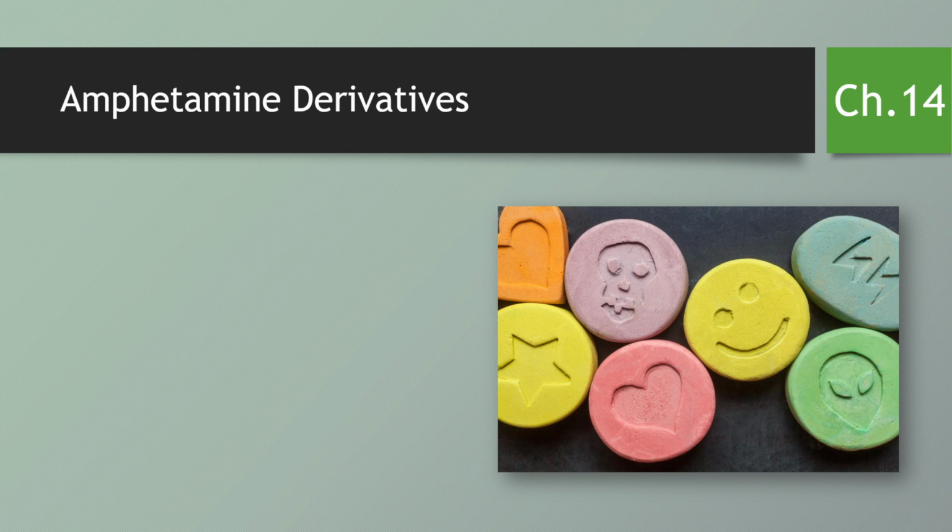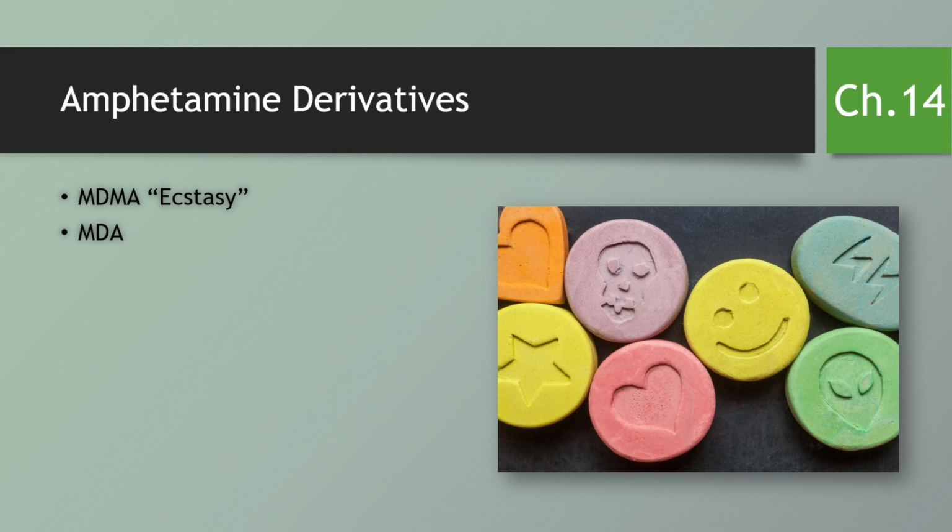Some examples are MDMA or ecstasy, right? Psychiatrists originally thought this substance might have some therapeutic aid, but more recently it's shown some more negative effects. In large doses, it can actually destroy different serotonin neurons, which can produce long-term negative effects. It takes a lot of time to get those back.